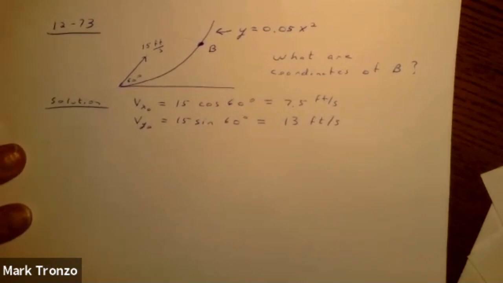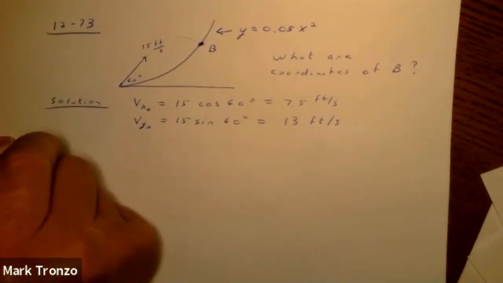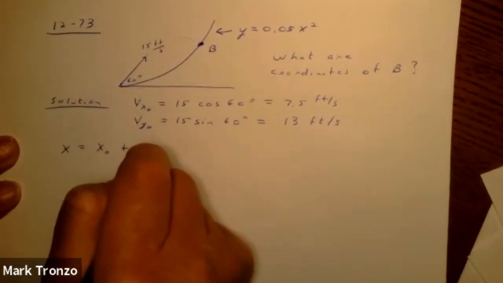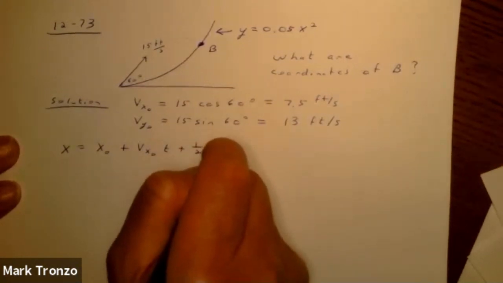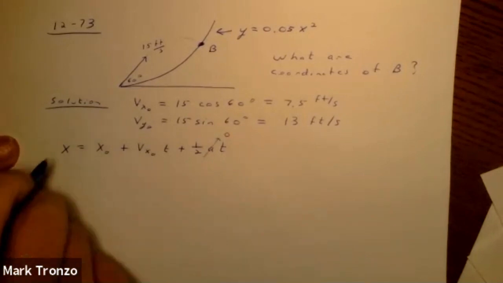So now set up your equation just like we did before. Same, exactly the same thing. Do the x direction. X equals x naught plus vx naught t plus 1/2 a t squared. We've said a million times. Now we're going to assume that's 0.